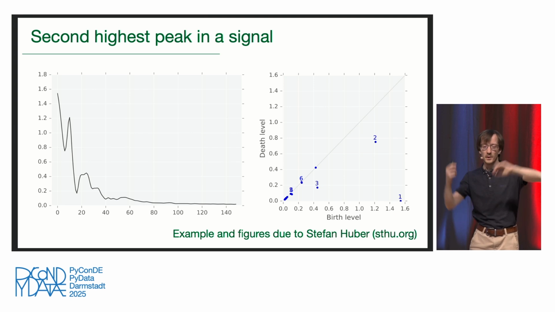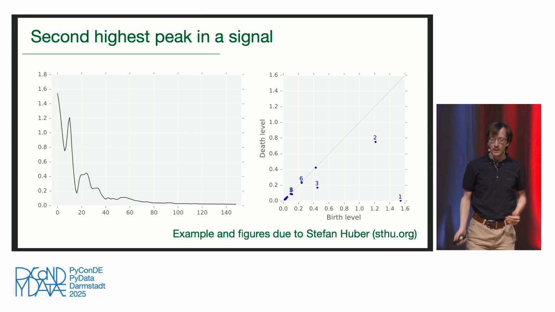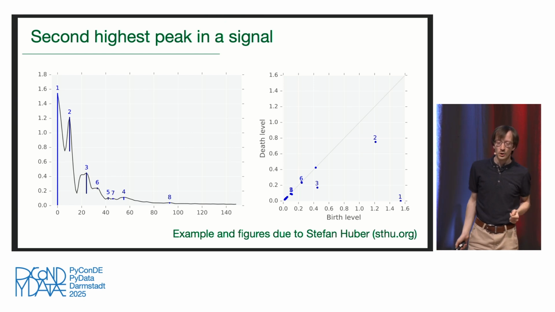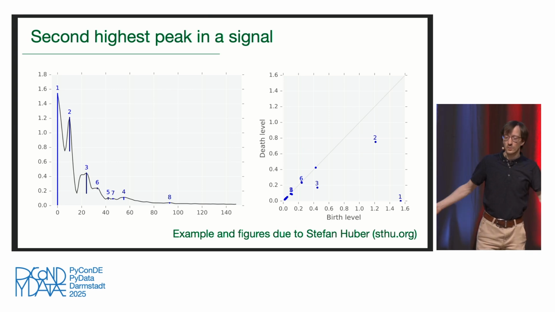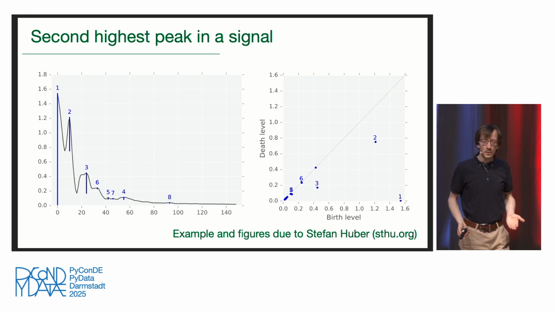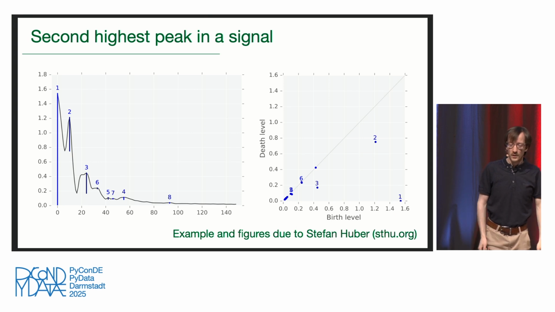Now it's kind of flipped because we went from the top, so the birth times are bigger than the death times. But if we draw it back into the picture, you see that the longest bar is the thing we don't care about, but the second longest bar is exactly this bump that we care about. So this is a very simple but actually useful case for topological data analysis.